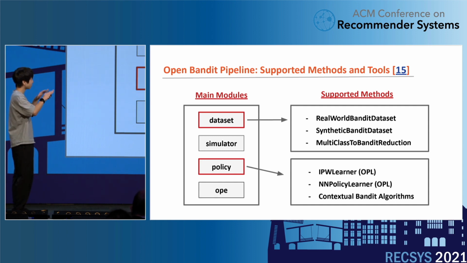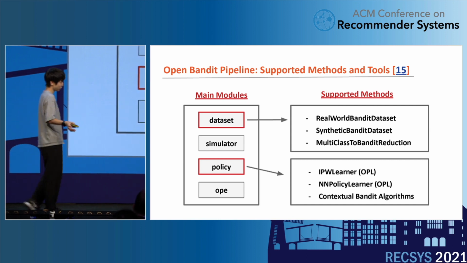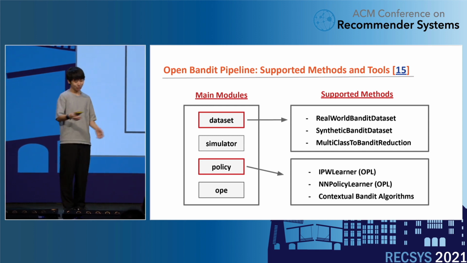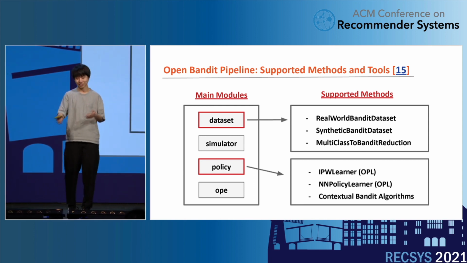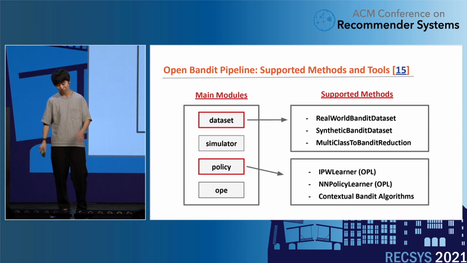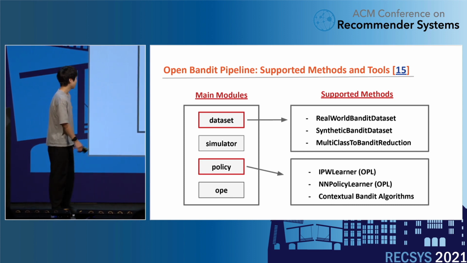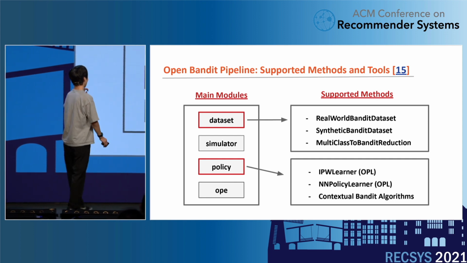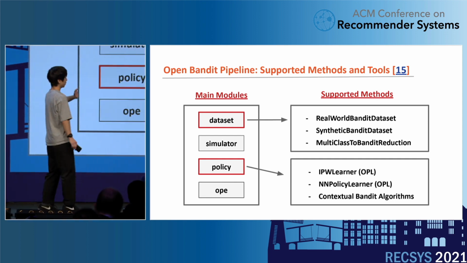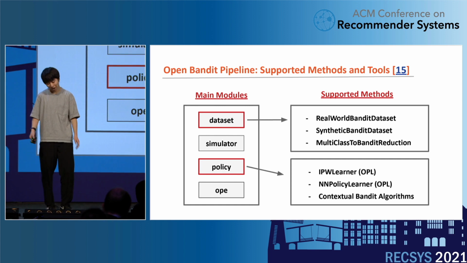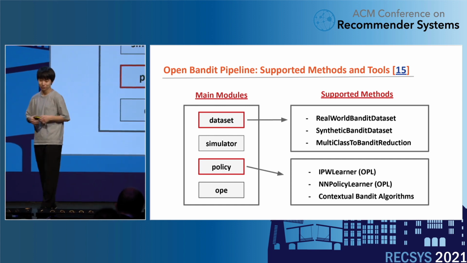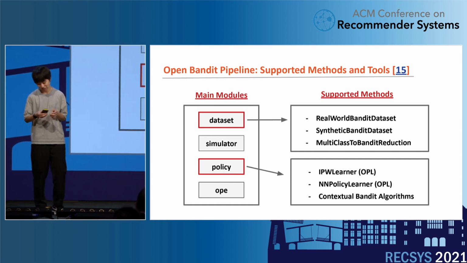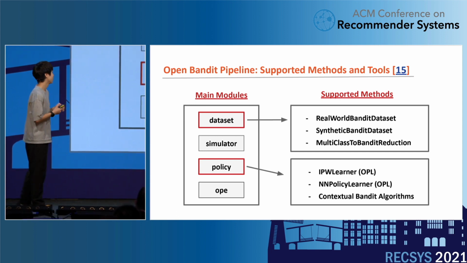But the process of transforming classification data to bandit data involves somewhat complicated steps, and researchers implement the experimental procedure independently by themselves, so the available implementations are not standardized. But now we have a multi-class bandit reduction function here, and it extremely simplifies the experimental process using transformed classification data in off-policy evaluation experiments.